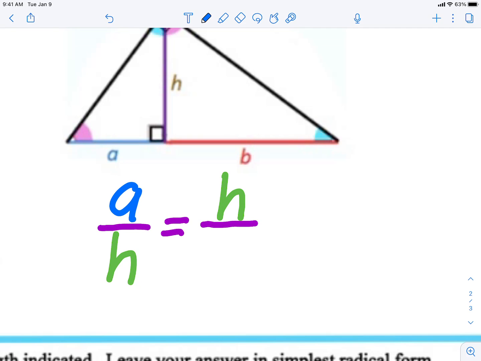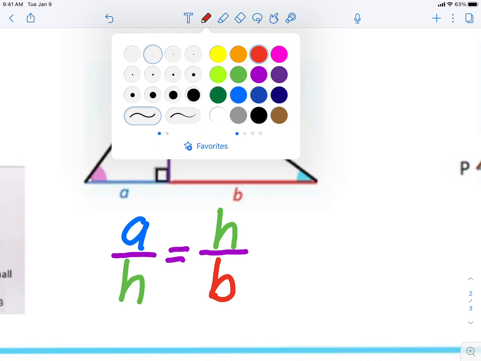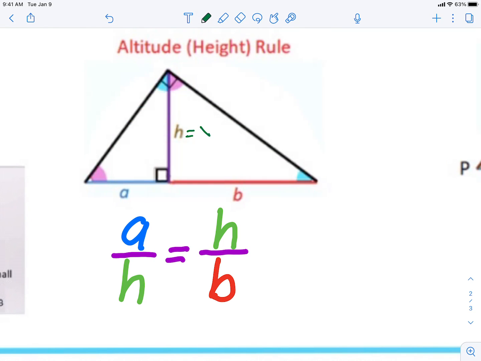This A goes there, and this B goes down here. That's what we use when the height is missing. So when this equals X, we are going to use this altitude height rule, which is this one here. We use the altitude rule when the height is missing.